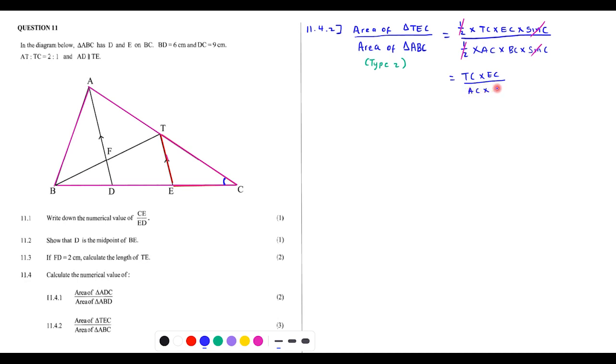Now we're going to go into our info and see if we do have those values.